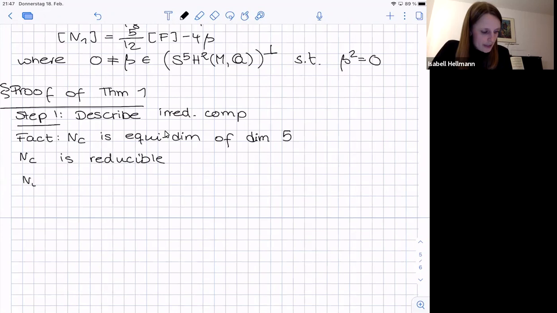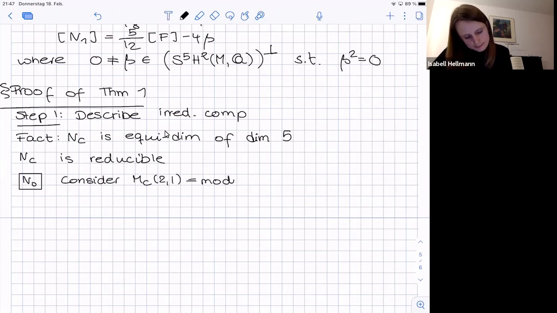So as I said before, there is one component that's easy to detect, namely we consider the moduli space of stable vector bundles on C of rank 2 and degree 1.